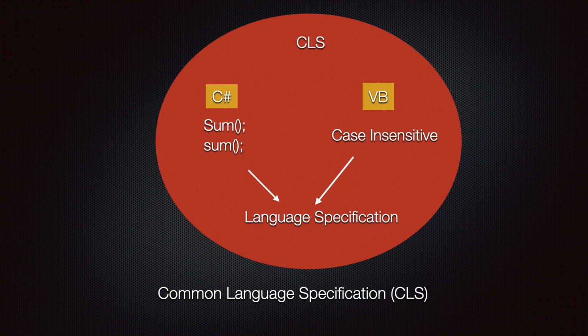But with this CLS, we get a language specification more clearly, and this rule ensures that other languages like VB and F#, which are case insensitive, can work with C# code without any issues. So here was the example and description of the CLS.